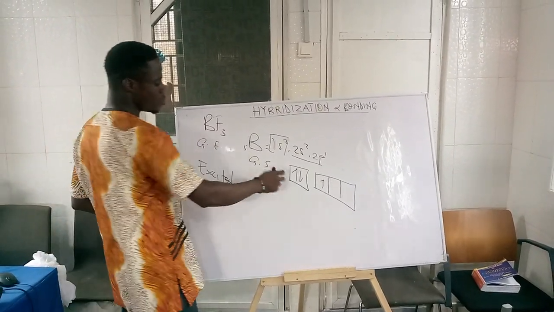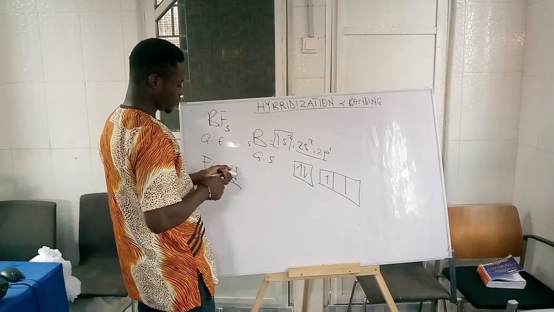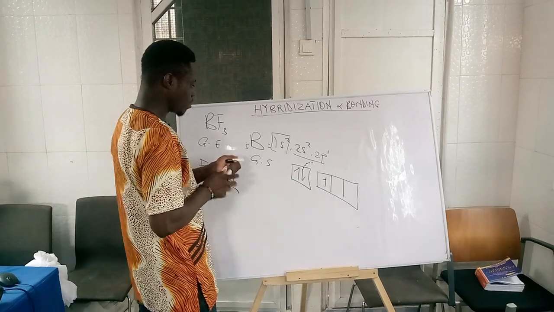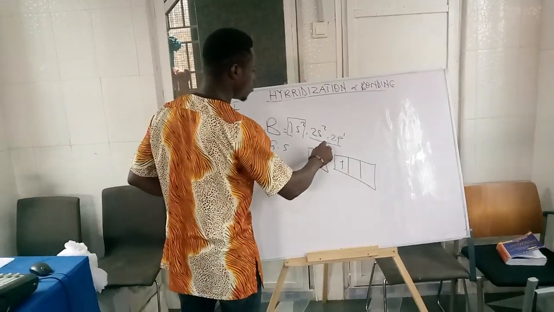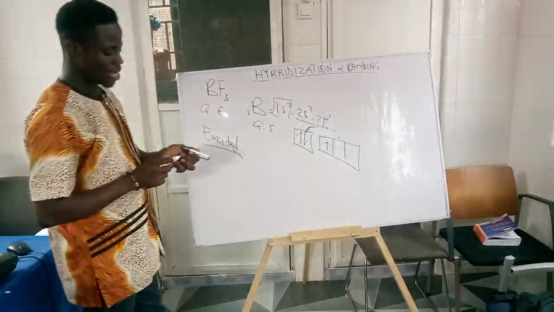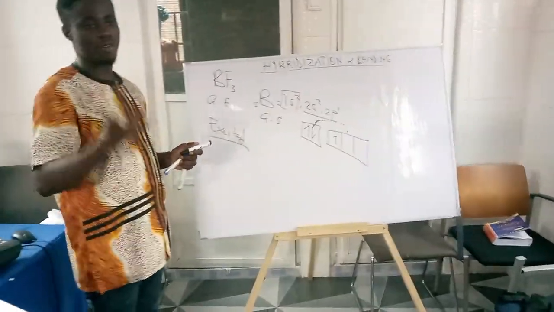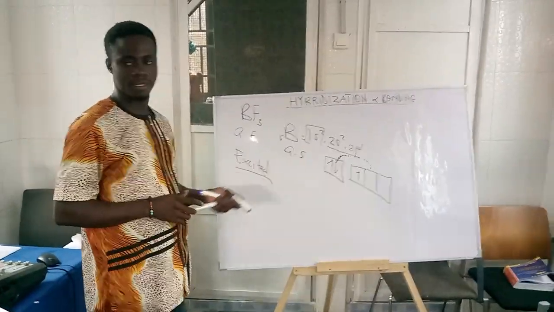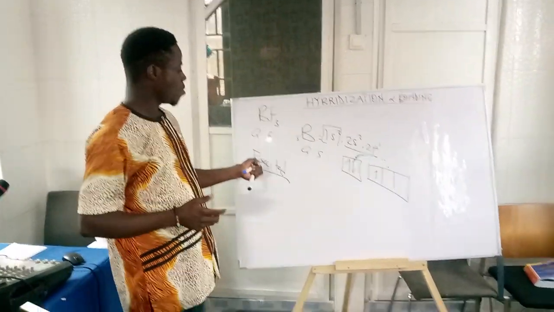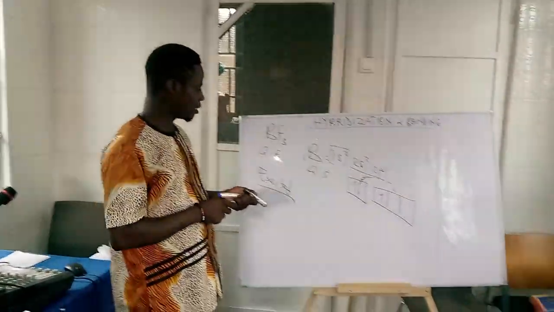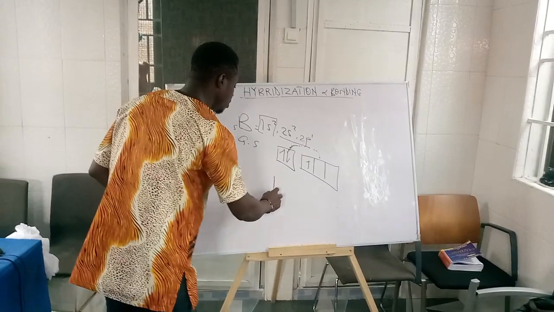But we need to promote an electron from this state to this orbital. As soon as there is a promotion of an electron from a lower energy to a higher energy, that's what we call an excitation. So the excited state configuration will be like this.